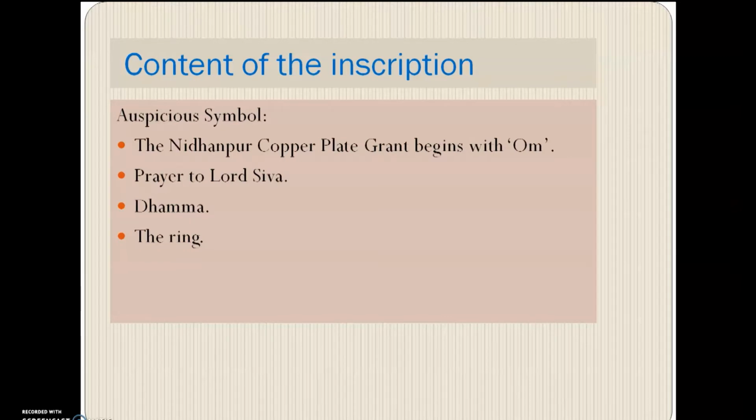The ring that is used to assemble the 7 copper plates into one is inscribed with a symbol of an elephant, which is a royal insignia of the Kamrupa kings.